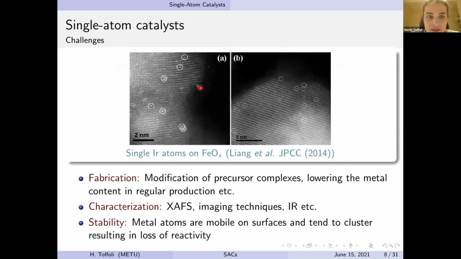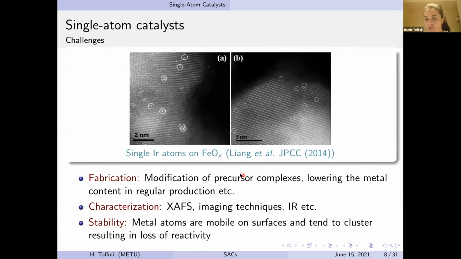Wonderful as they are, single atom catalysts also offer many challenges. The biggest of these challenges is stability. At this point, fabrication methods are very well optimized. These can be done in myriad ways. Some examples are modification of precursor complexes.